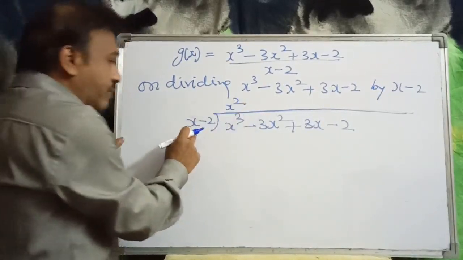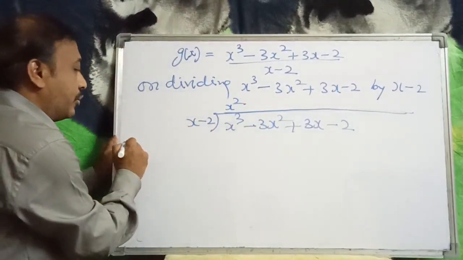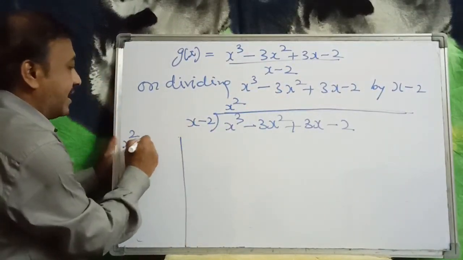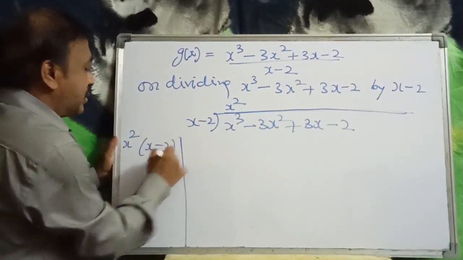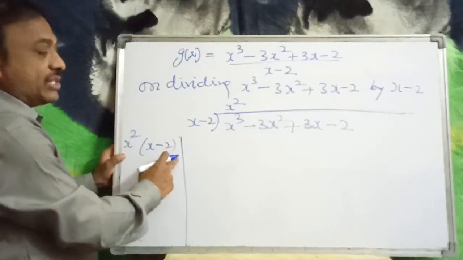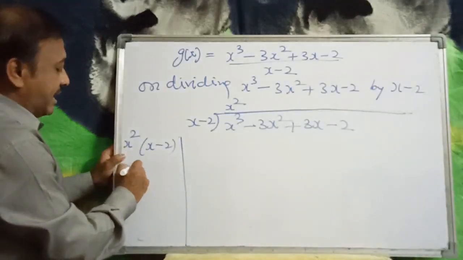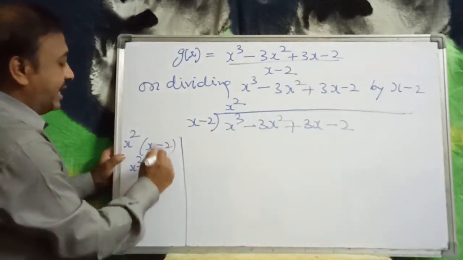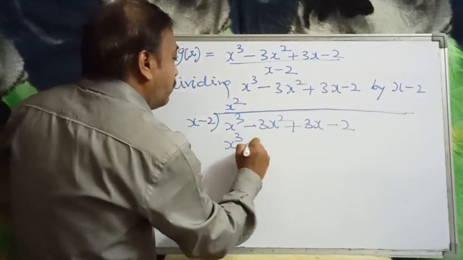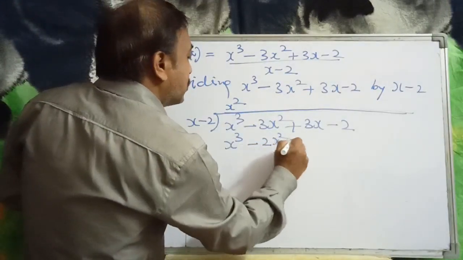So with x square you have to multiply, doing rough work over here. X square into x minus 2: x square into x is x cube, x square into 2 is 2x square. So here x cube minus 2x square.